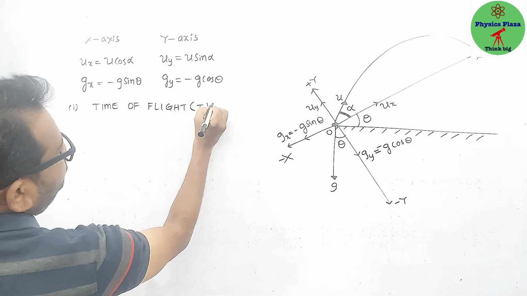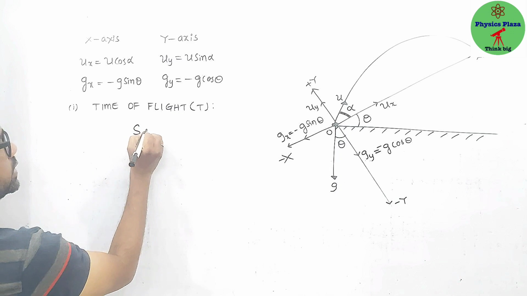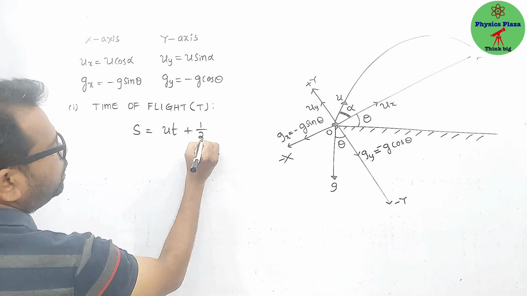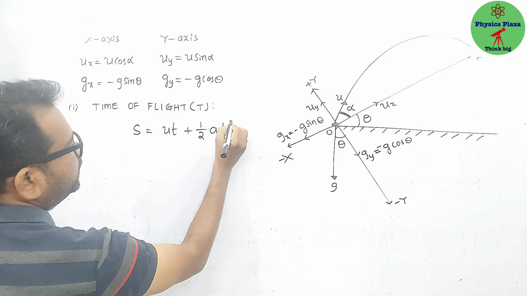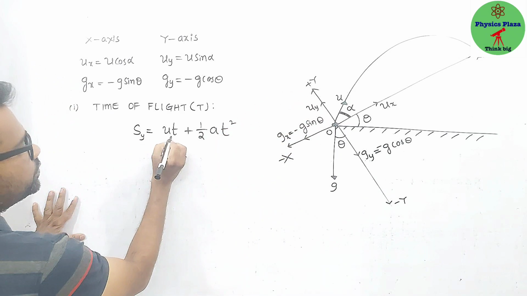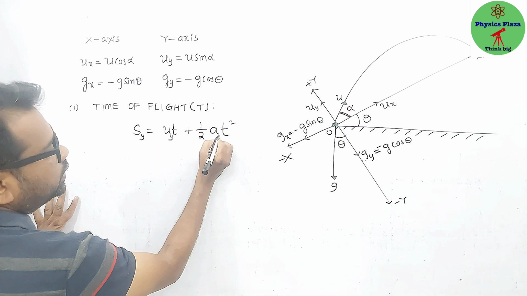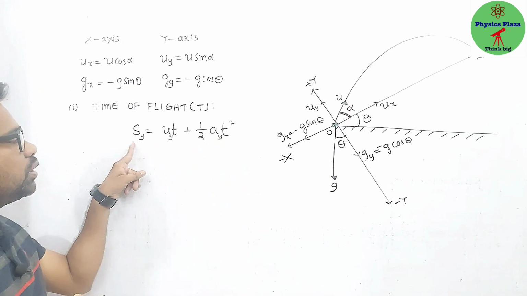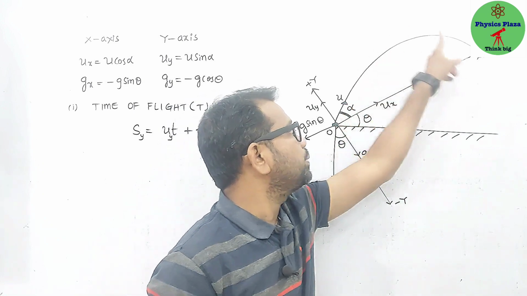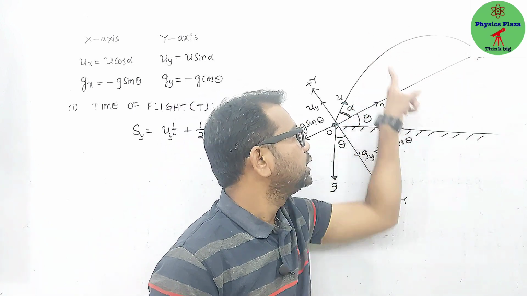So capital T. Children, we know that S is equal to ut plus half at square. As it is a vertical motion we are taking, this is going to be Sy, this is uy, and this is ay. Sy means displacement in the vertical direction; finally it is coming to this point, so there is no displacement in the vertical direction.